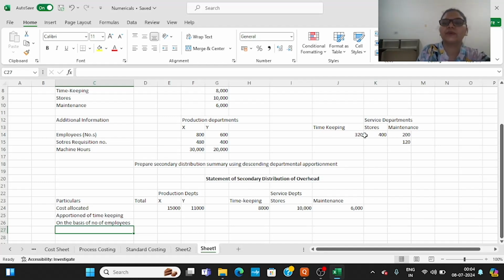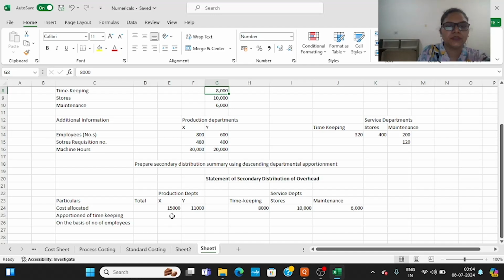As you can see from the question, the number of employees excluding timekeeping department, the ratio will be 1 is to 2 is to 3 is to 4, excluding timekeeping department because we are allocating the cost of timekeeping department, which is 8,000 rupees.